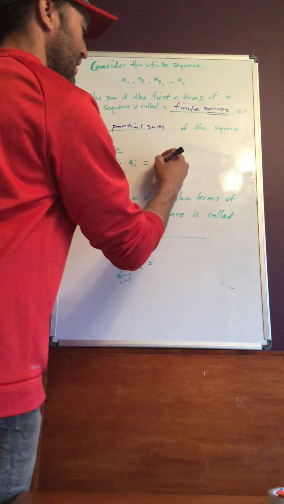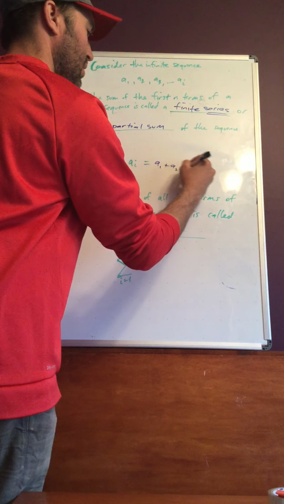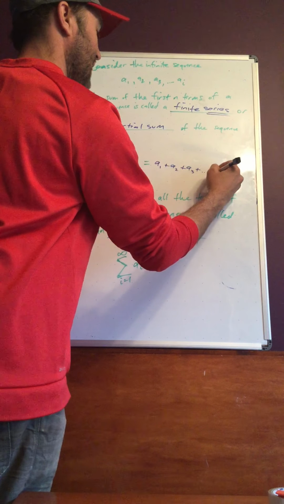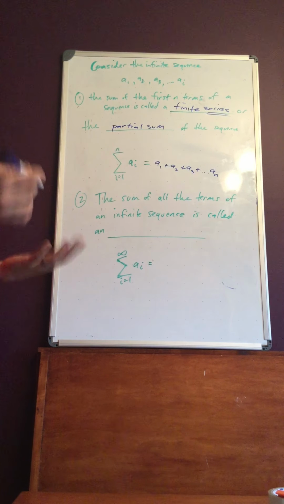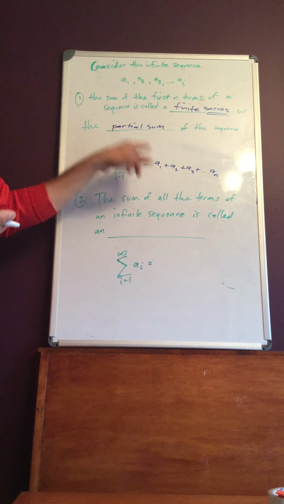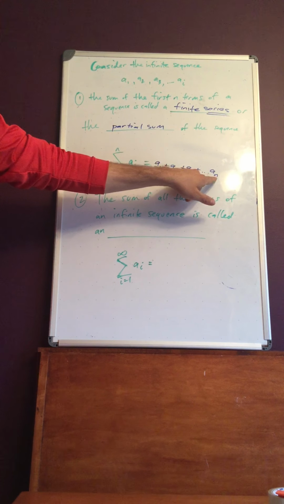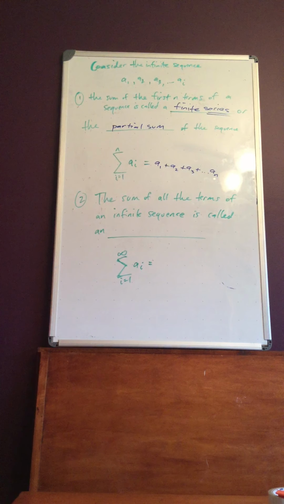So this would be a sub 1 plus a sub 2 plus a sub 3 plus dot dot dot a sub n. Now n is some integer, n is some number, so that would be like the first plus the second plus the third plus the fourth, fifth, sixth, seventh, and let's say that n is 8. This would be just adding the first 8 terms of a sequence together, okay?